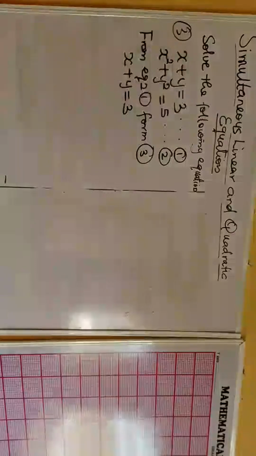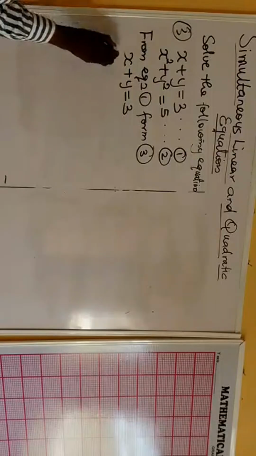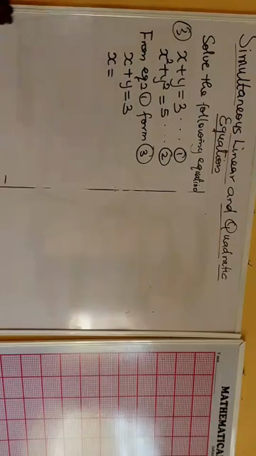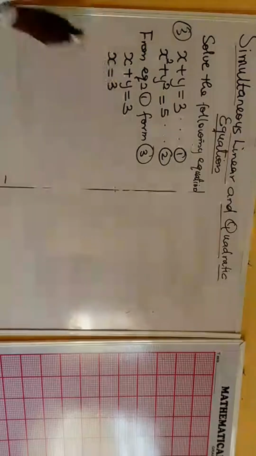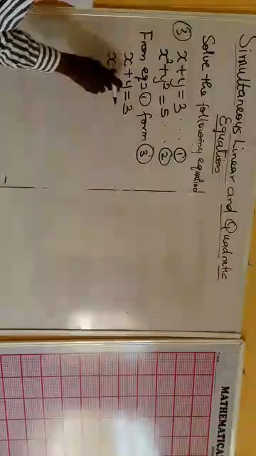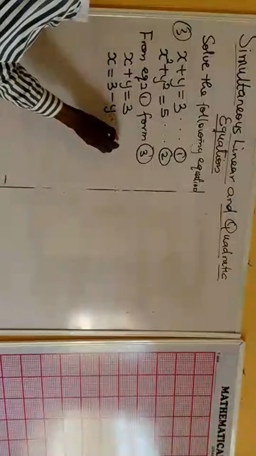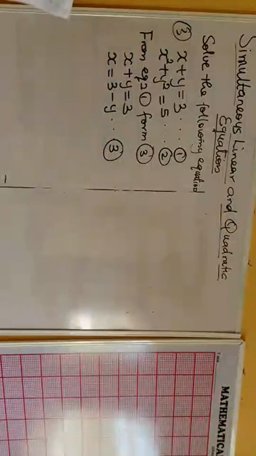So you can either make x the subject of the formula or you make y the subject of the formula. So I make x the subject, I write x equal to 3. Now consider this value. When this plus y crosses equal to, it changes to minus y. That is equation 3, because it was formed from equation 1.